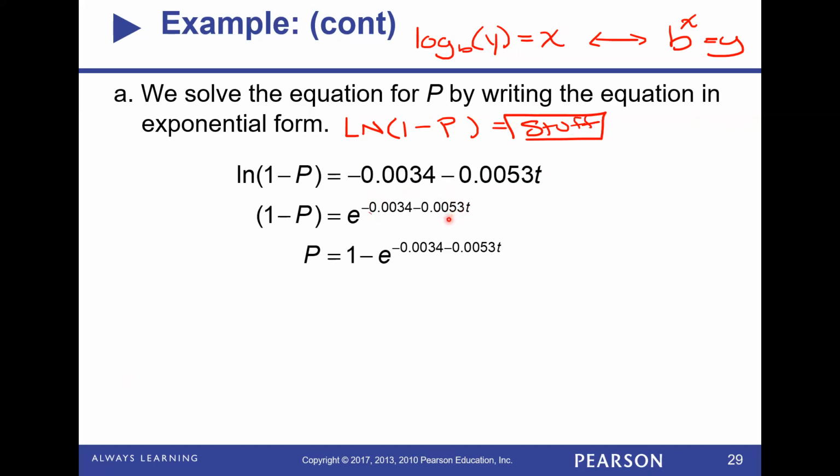Okay. So now that I have it in P equals, our function is basically our P, which is our percent of reduction of emissions in terms of tax dollars per ton of carbon. What if I give you a second part to it?